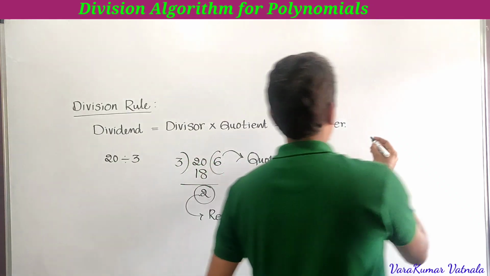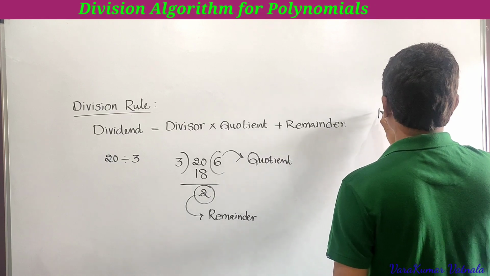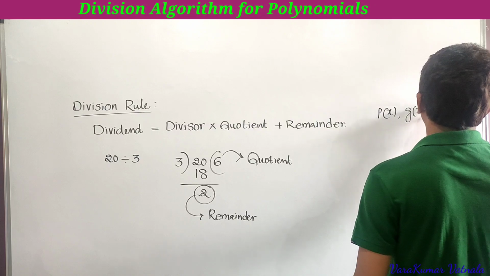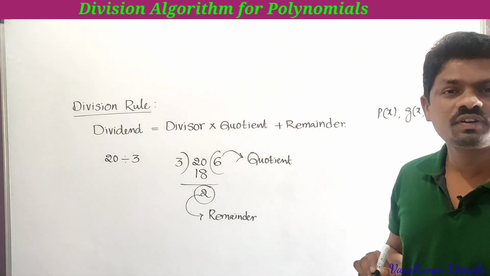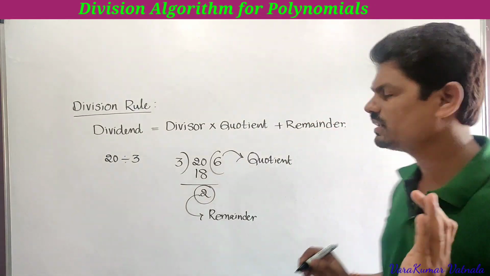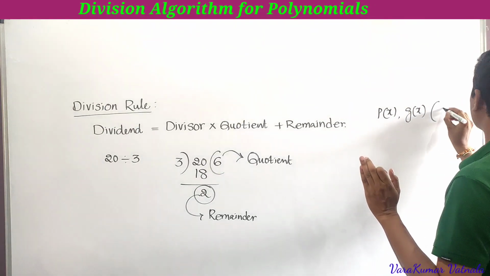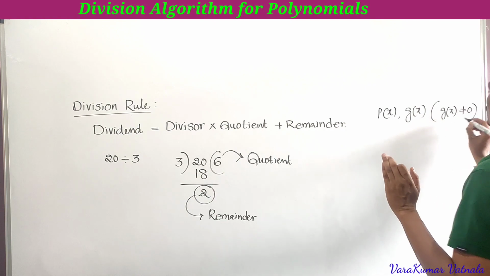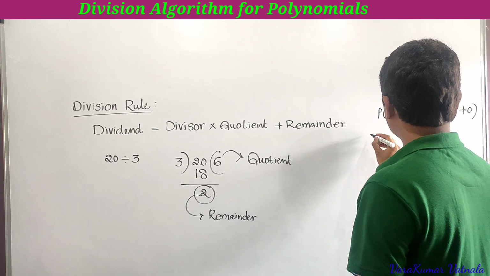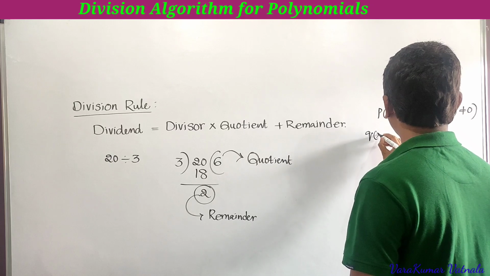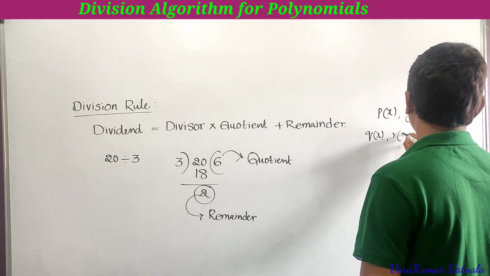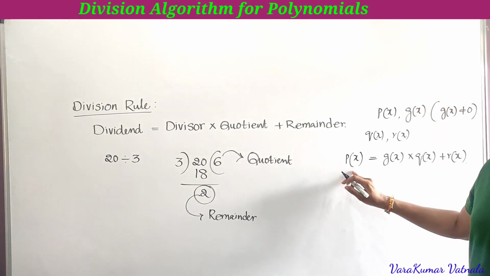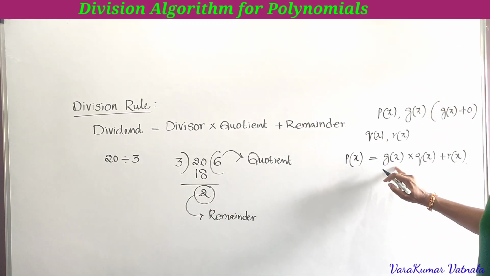See here, if p of x and g of x are any two polynomials, with g of x not equal to 0, then there exist q of x and r of x such that, here p of x is the dividend, g of x is the divisor.